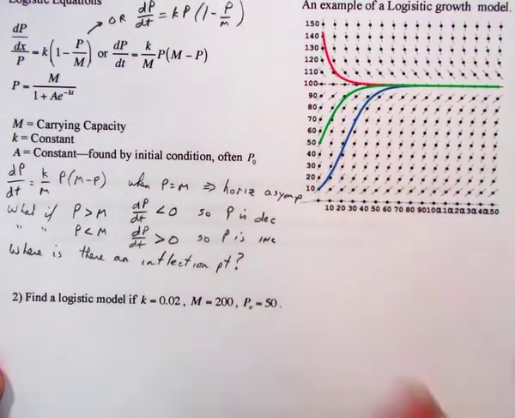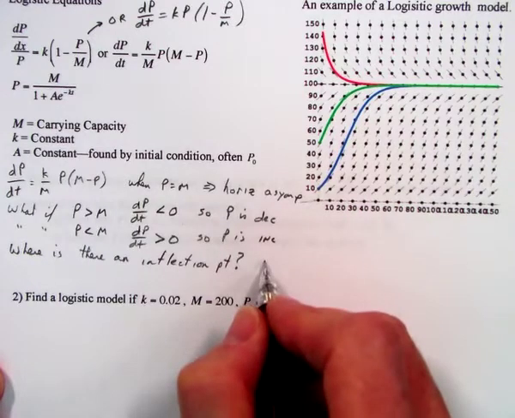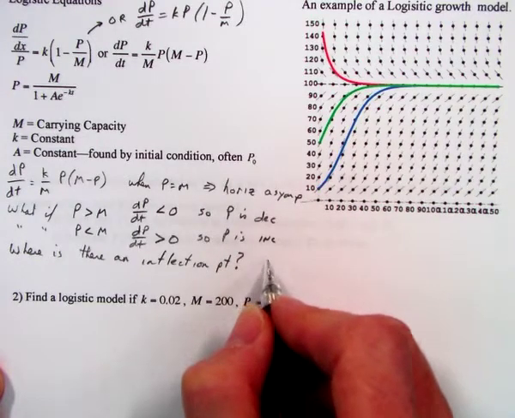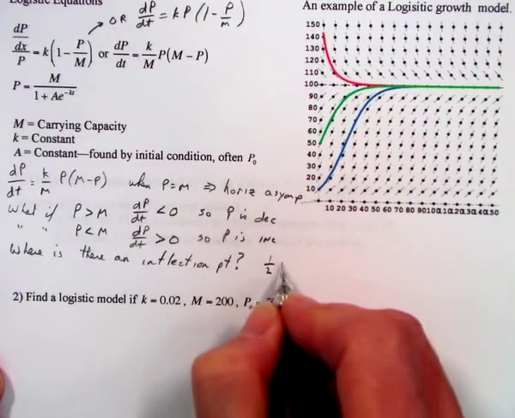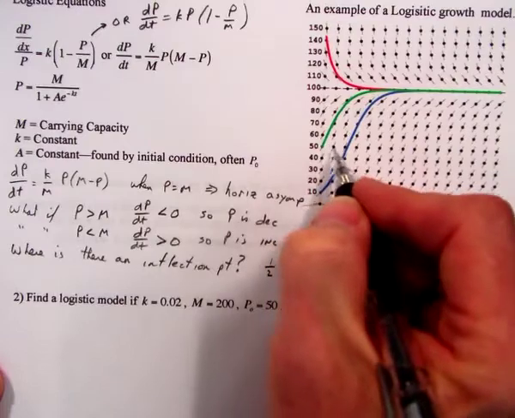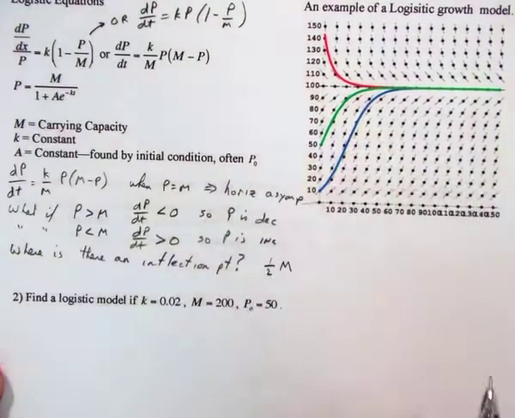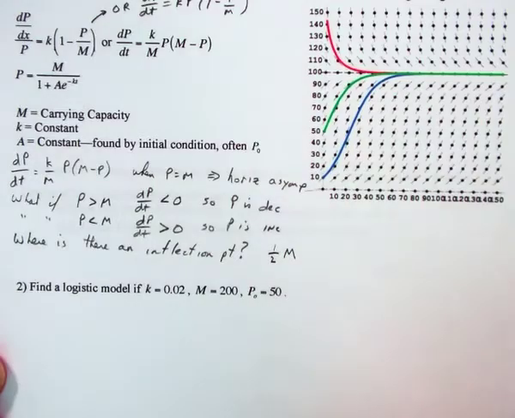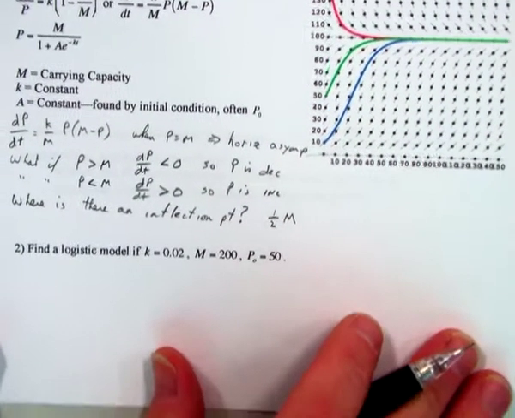It's halfway between those two horizontal asymptotes, so it'll end up being 1/2 of our carrying capacity, and in this case, we're going to have it at 50. That's where we change from concave up to concave down. That's not something you have to memorize, but it is good to be aware of.